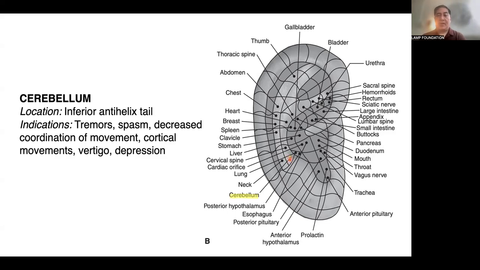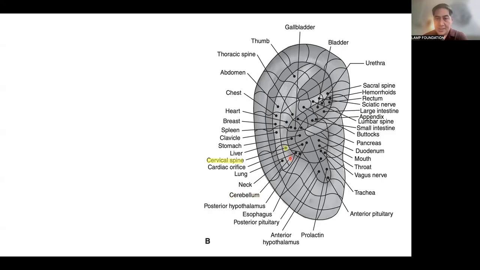So depression, if you remember, can be characterized by a lot of phlegm, no? So the cerebellum.